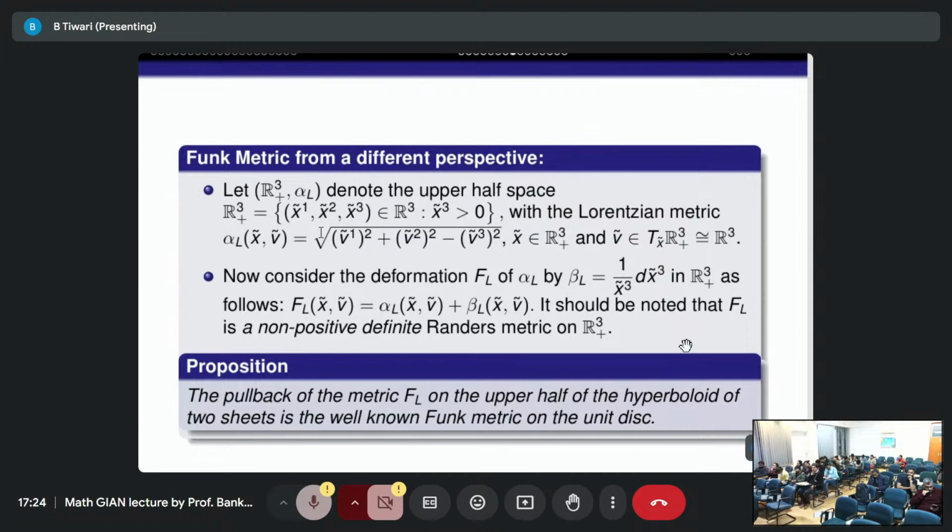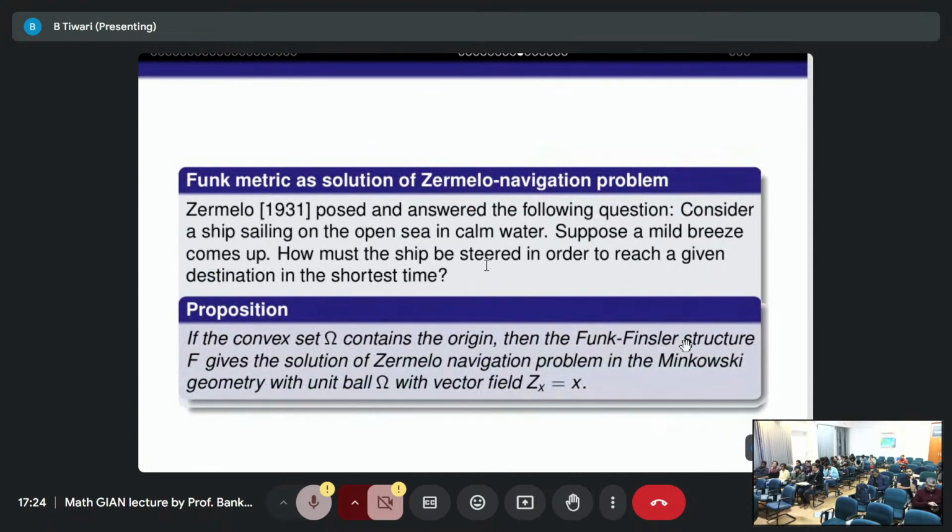So this was the Lorentzian metric in R3, and it was defined by this one form. So to get a non-positive definite Randers metric, its pullback on the upper half of the hyperboloid of two sheets is actually the Funk metric.